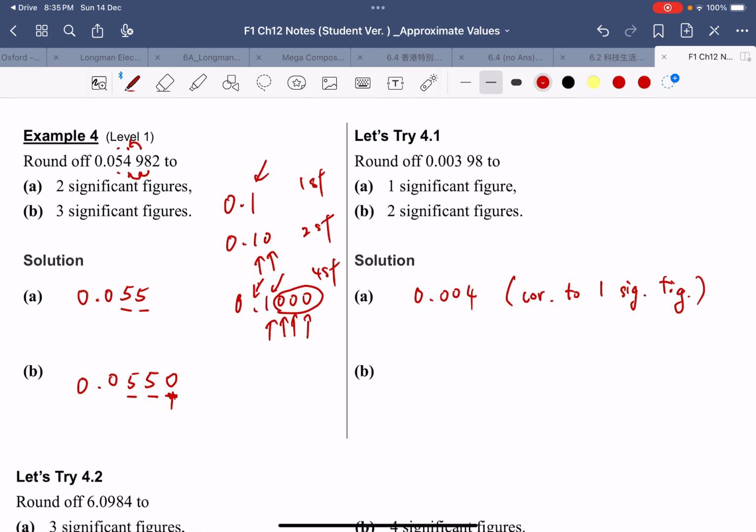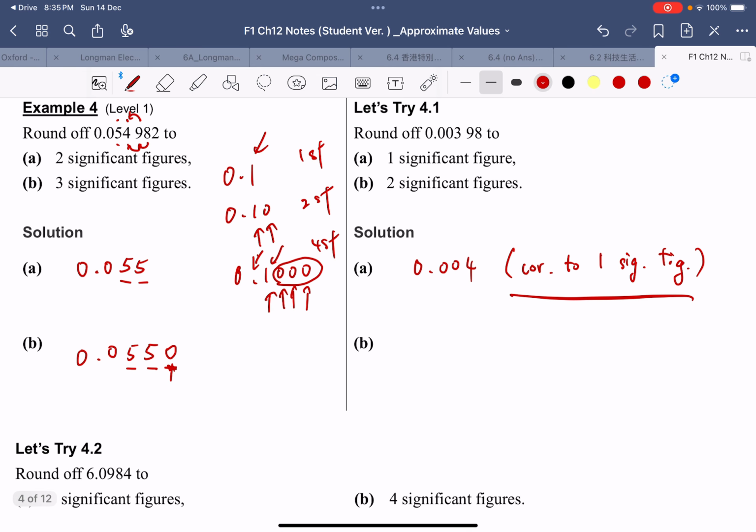Okay, to complete it. Of course you can leave it, but if you want to present it well or to be more careful, you need to write this after your rounding.